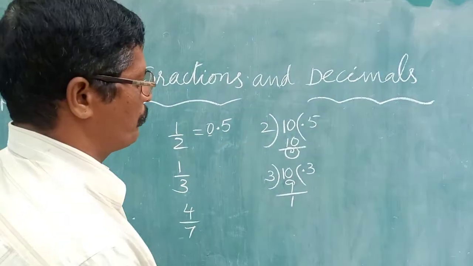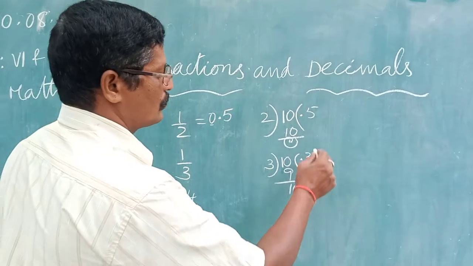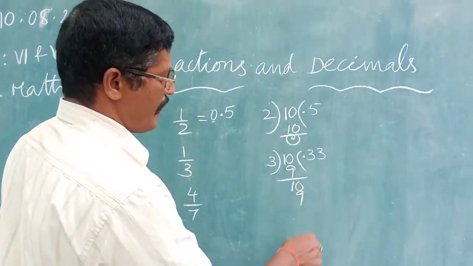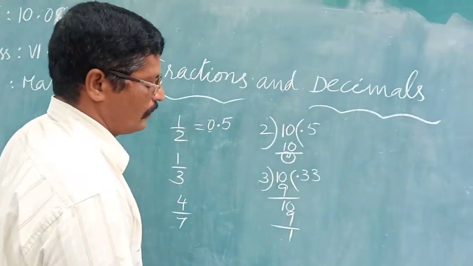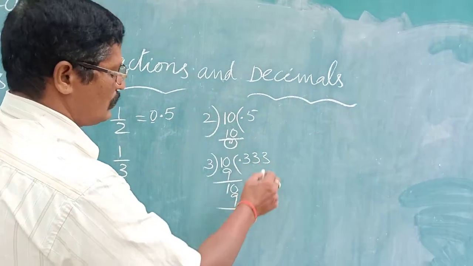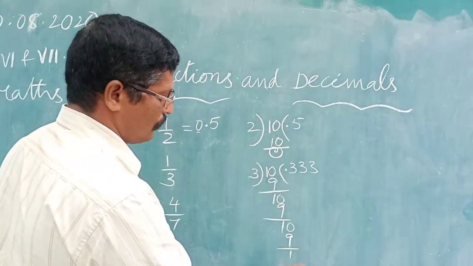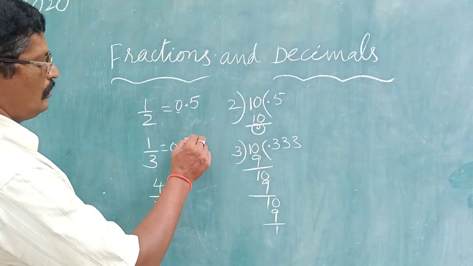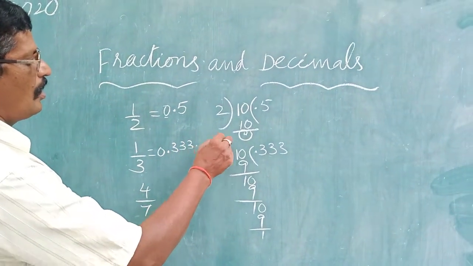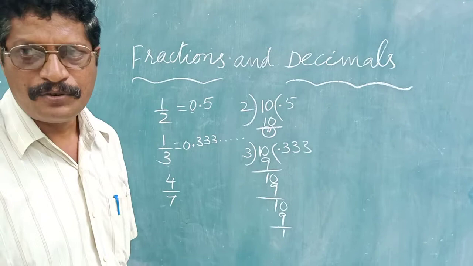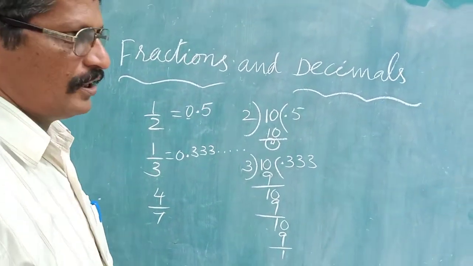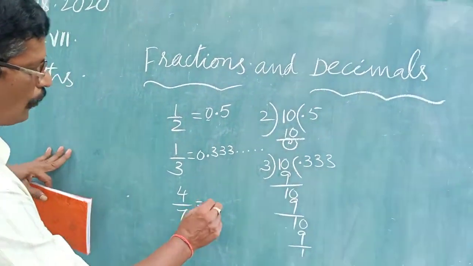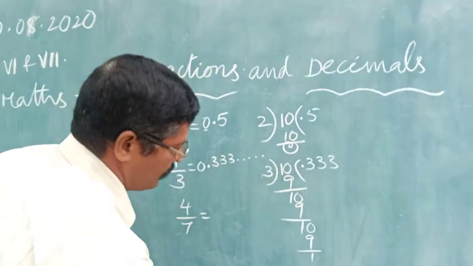Remainder 1. Again 0 comes. 3 3s are 9. Remainder 1. It is equal to 0.333 and so on. 3 comes unlimitedly.